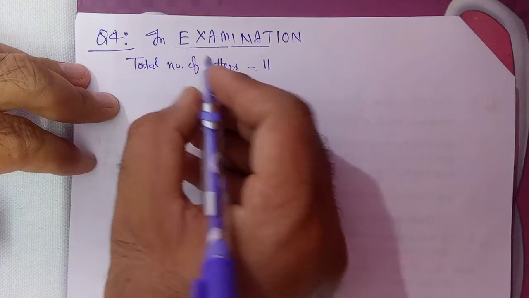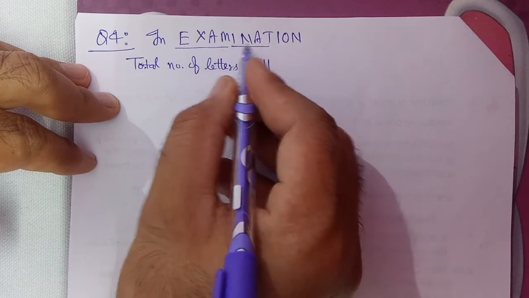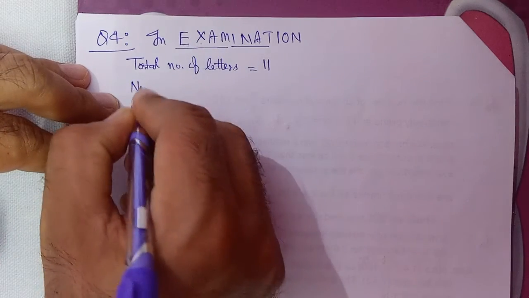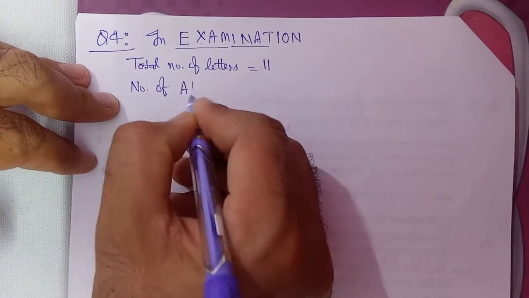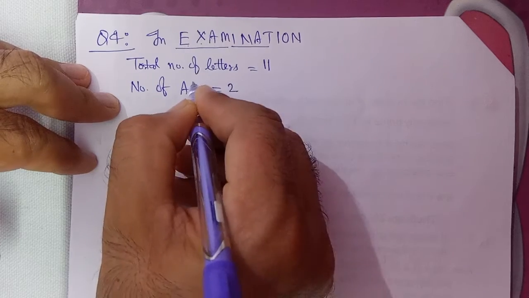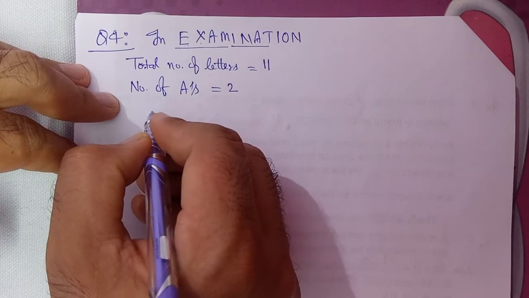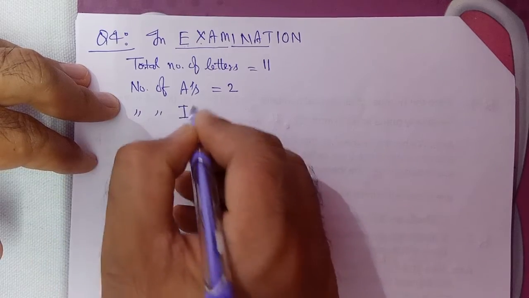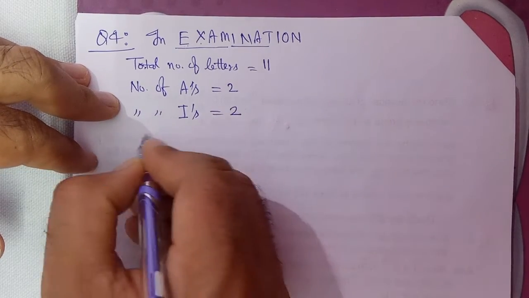First is A. Now number of A is 2. A is 2 times. Number of I's 2.